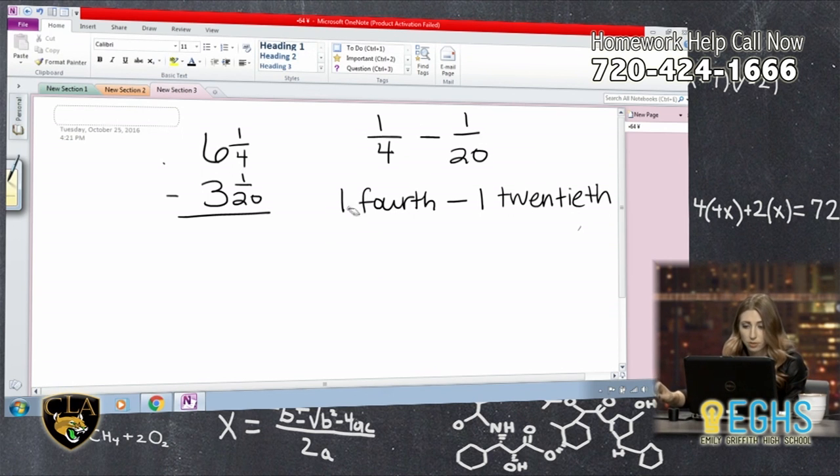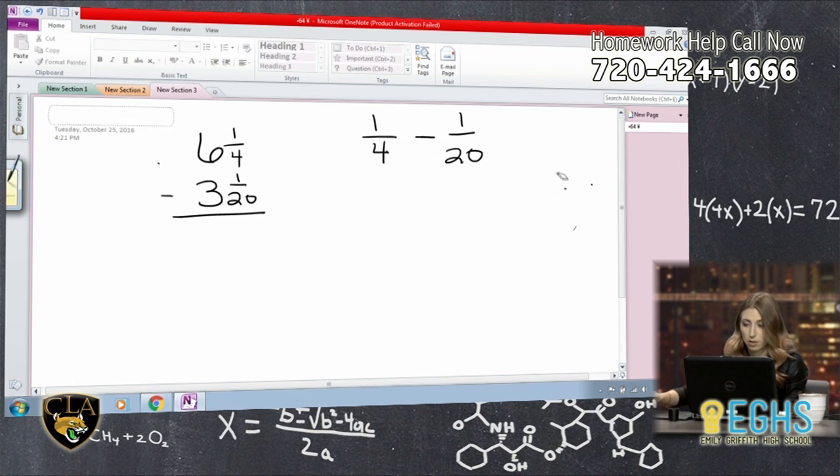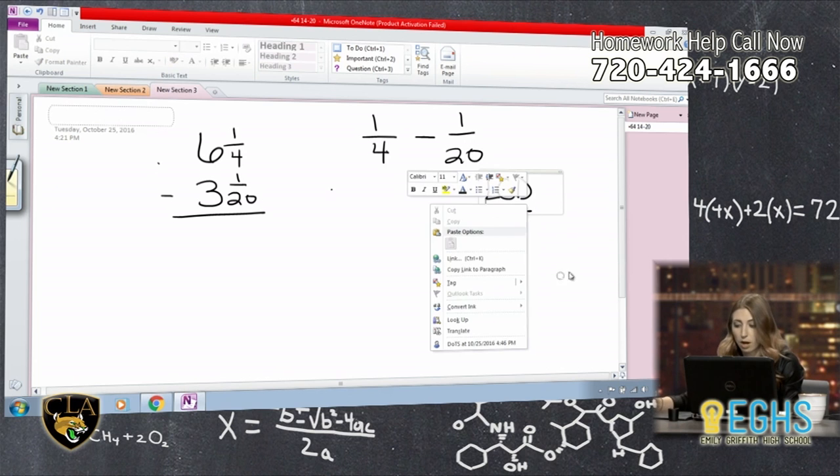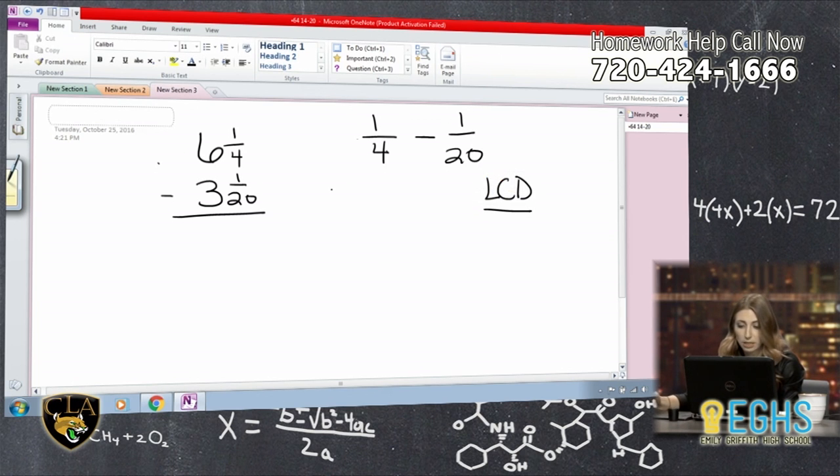So back to our 1/4 and 1/20. To find a common denominator, maybe one of the things we want to do is find a least common denominator. I can find equivalent fractions by multiplying my numerator and denominator by the same number. We want to see which number our denominators can both turn into.